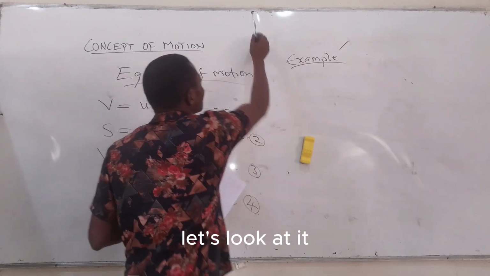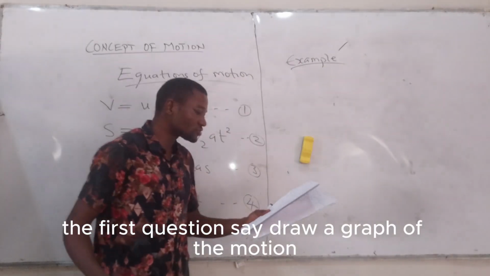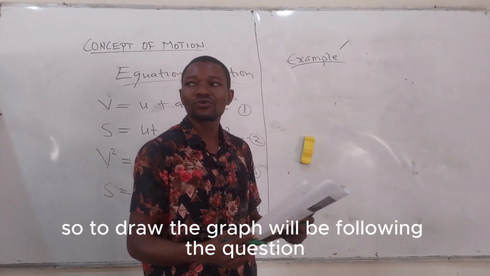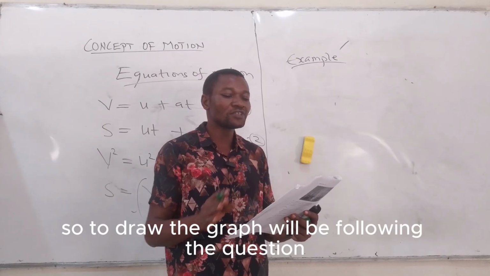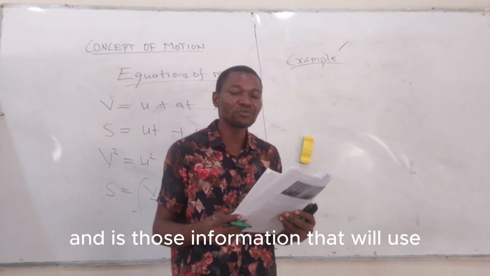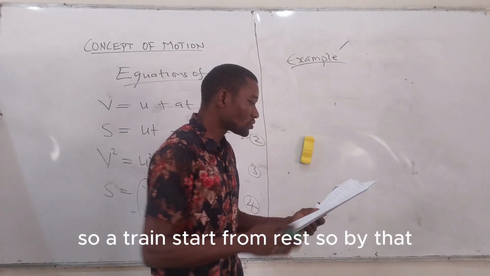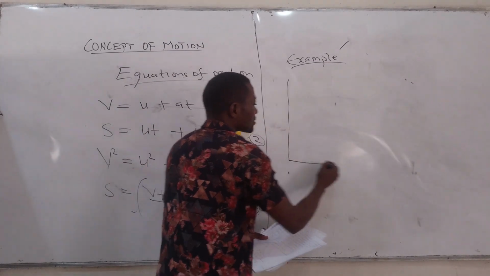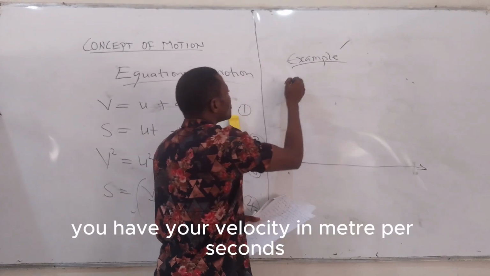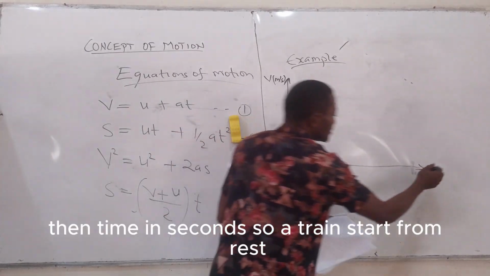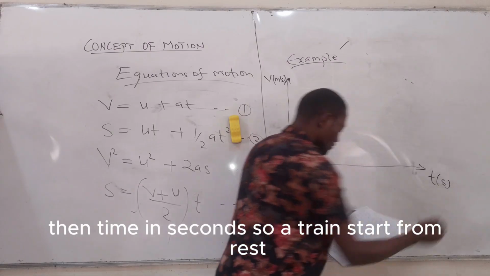Okay, let's look at it. The first question says, draw a graph of the motion. So to draw the graph, we'll be following the question like I told us, getting information, and it's that information that we'll use. So a train starts from rest. So by that, you have your velocity in meters per second, then time in seconds.